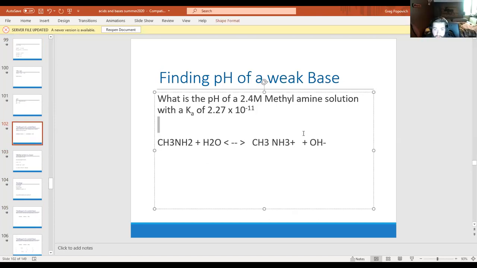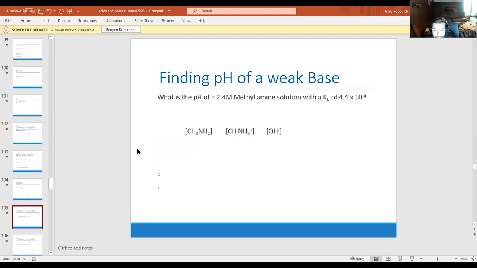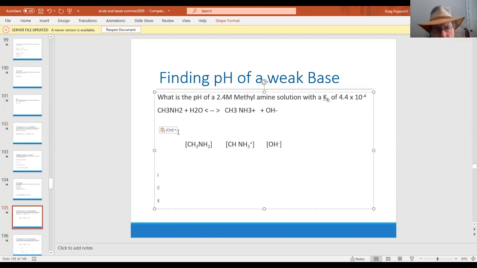Yeah, so we only have the CH3NH2 given. Okay, that's the equation. All right. And we said the ice, you wanted to put this as 2.4? Yes. 0 and 0. What's the equilibrium?